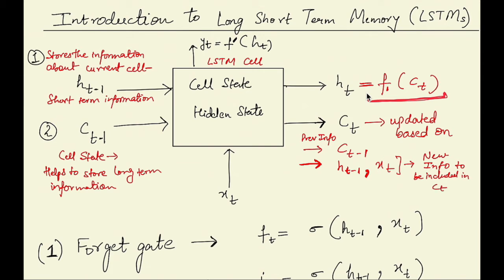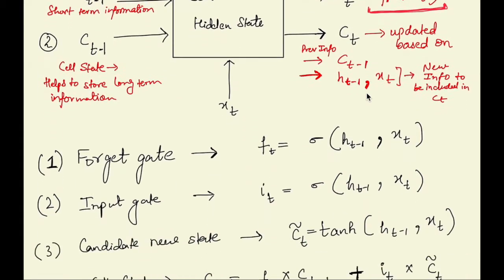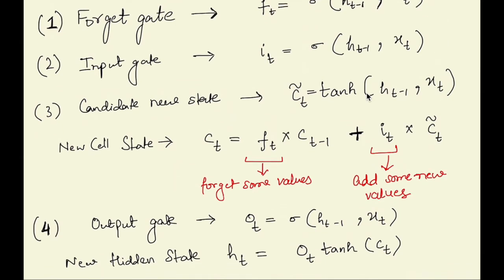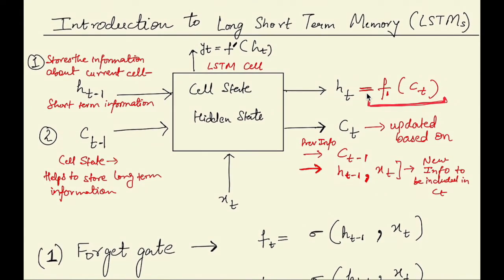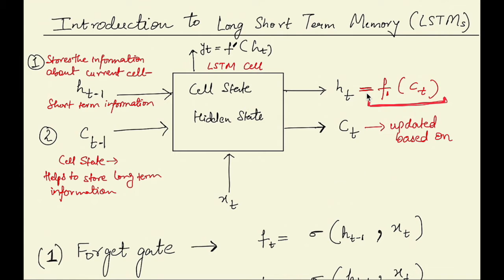So let's go into the details of these outputs ht and ct, and how we obtain them. So basically ct is determined by two things. We already have some state ct-1, and ct is obtained by forgetting some of that.